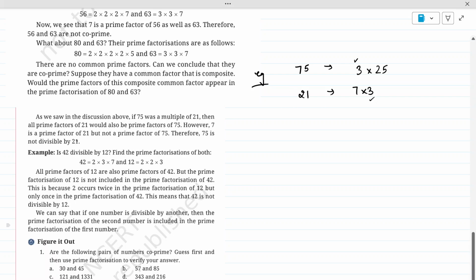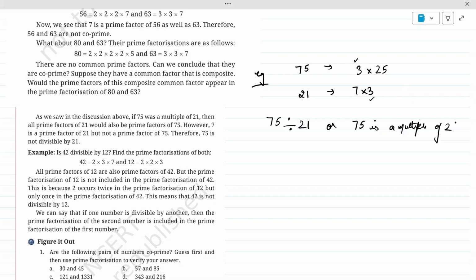We saw in this, if 75 was a multiple of 21, then all the prime factors would be present. Can we see that 75 is a multiple of 21? Or you can also say, using this prime factorization, can we identify that 75 is divisible by 21, or 75 is a multiple of 21?